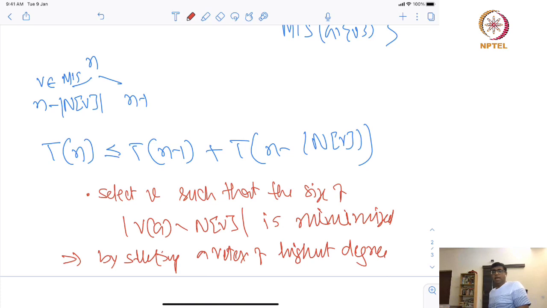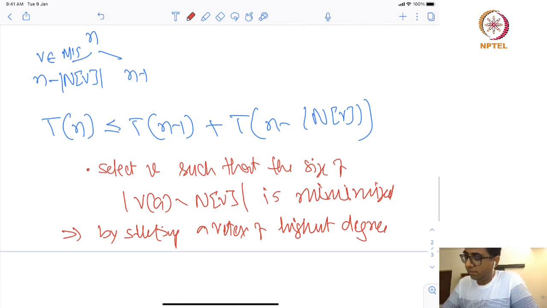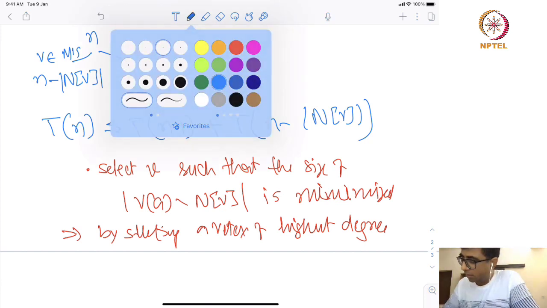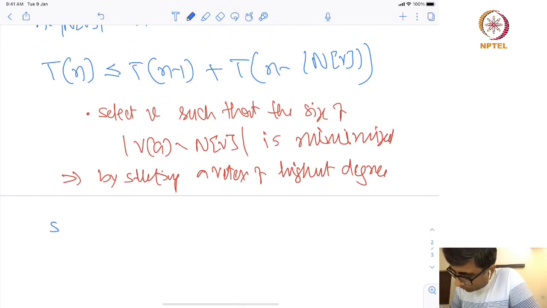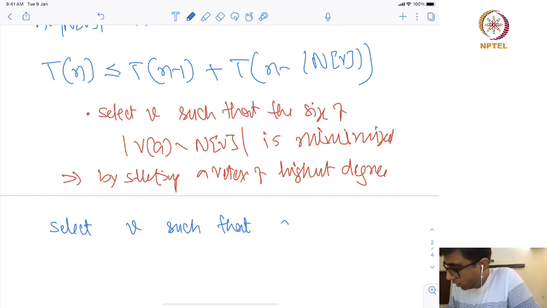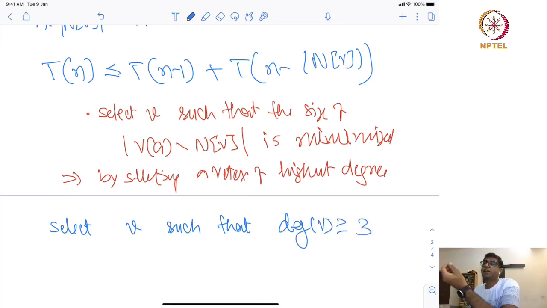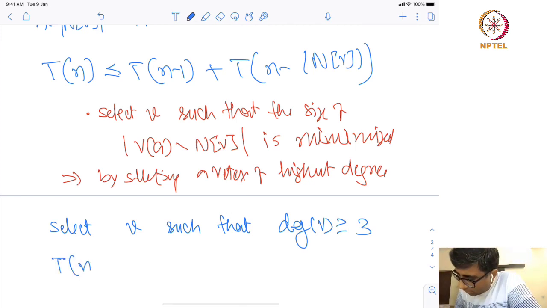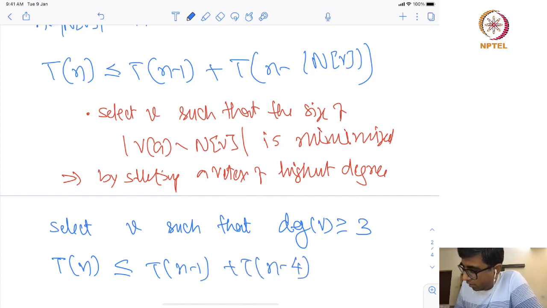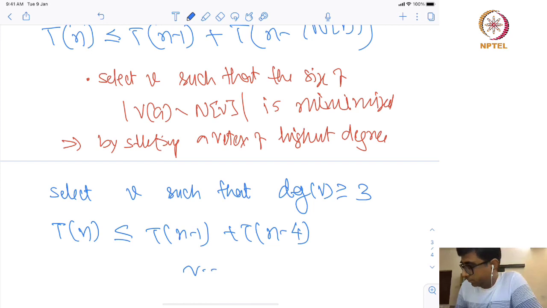By coming up with some simple reduction rules, you can show that we can always select V such that the degree of V is at least 3, because if the graph has maximum degree at most 2, you can solve the problem in polynomial time. So this recurrence will lead to T of n being T of n minus 1 plus T of n minus 4, and it should lead to some good number.